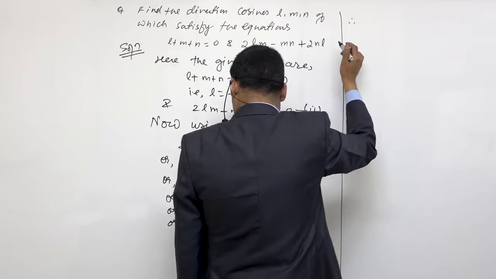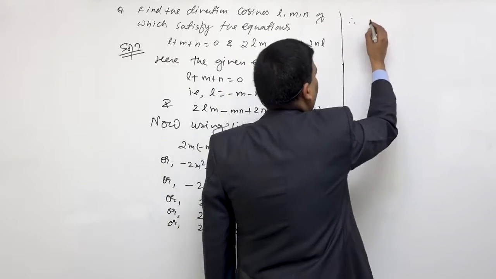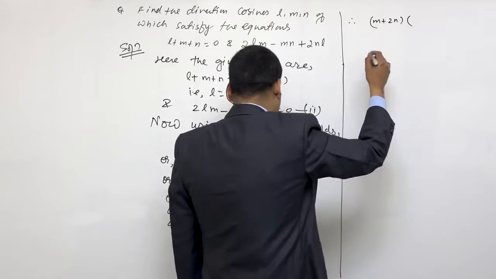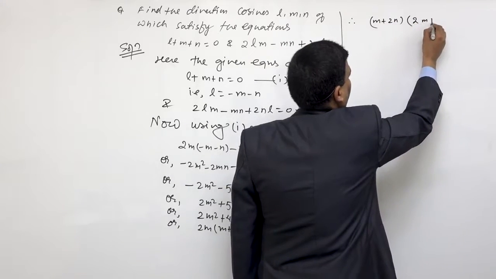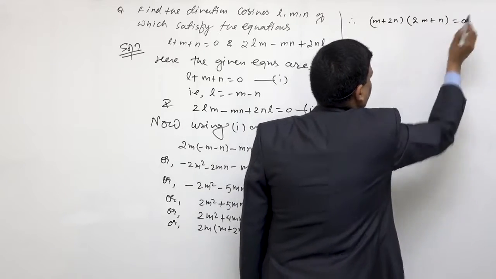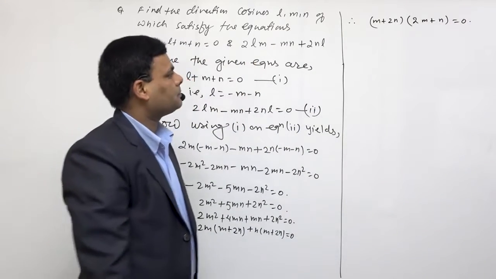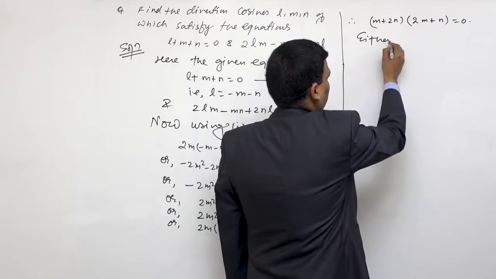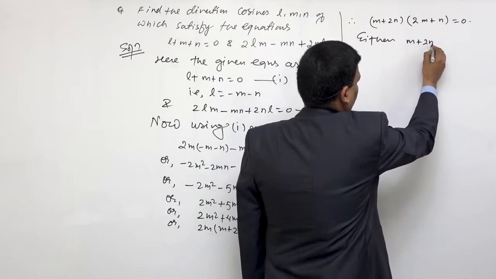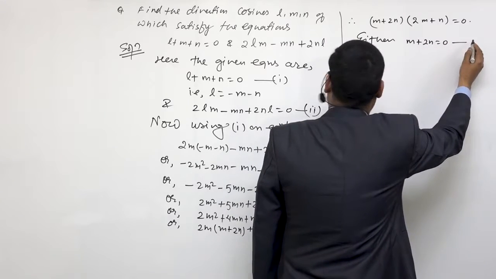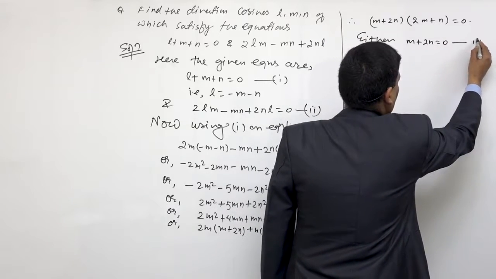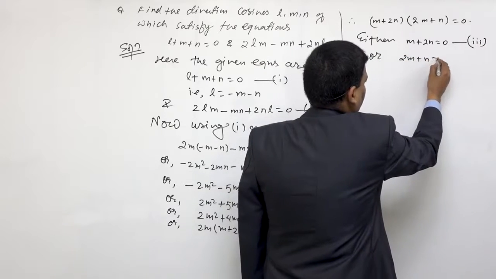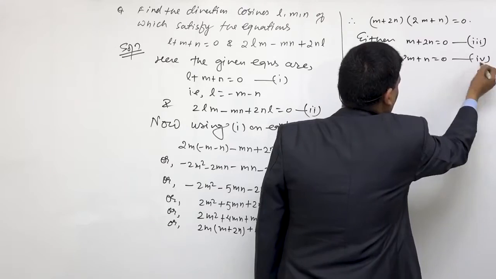Therefore m plus 2n into 2m plus n equals to 0. Either m plus 2n equals to 0, let it be equation 3, or 2m plus n equals to 0, let it be equation 4.